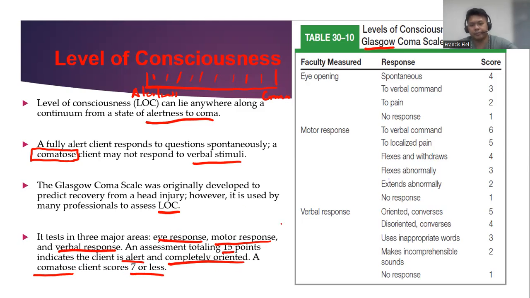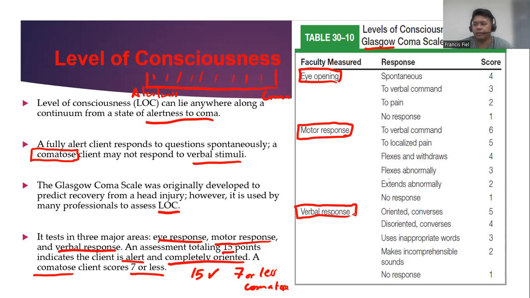So, a score of 15 is perfect, then a score of 7 or less is considered comatose. All right? So, we have eye opening, motor response, and your verbal response.